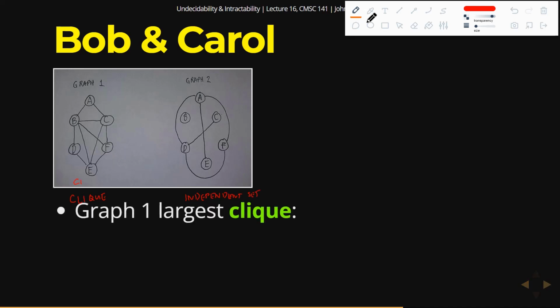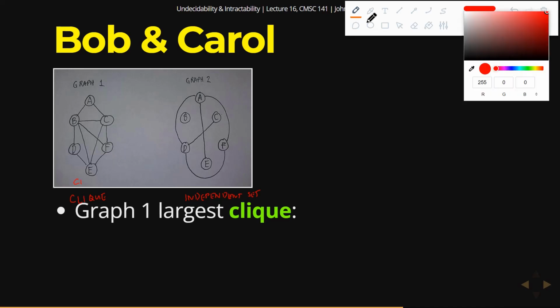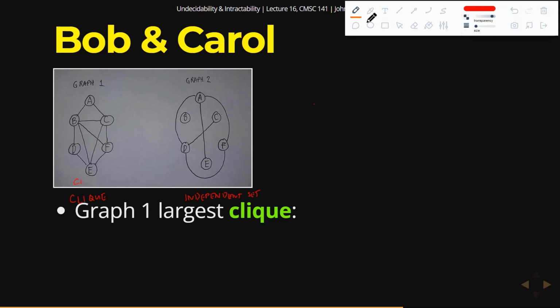For graph 1, what is the largest clique possible? So the largest clique possible for graph 1 is B, C, E, F. So you have B, C, E, and F.